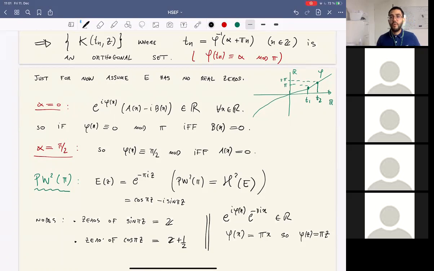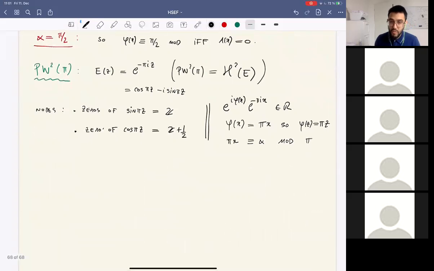Okay, so if I want the points where phi of x is congruent to alpha mod pi, that would be pi x congruent to alpha mod pi.